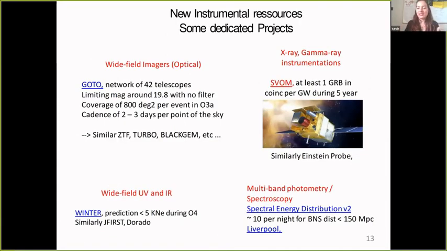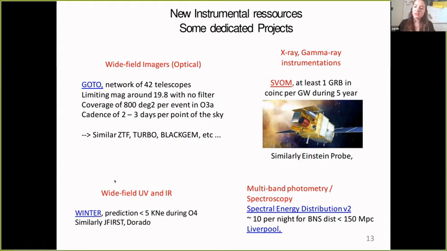However, there are some new telescopes in the EM community that can help with multi-messenger detection, and there is a boom in wide-field imagers. You think, of course, about LSST, but there are smaller projects, farms of telescopes, such as GOTO and TURBO, etc. In other wavelengths, we will have SVOM, a French-Chinese project that is able to deliver the gamma-ray trigger to the community.